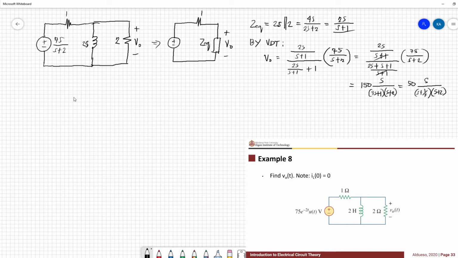Now using partial fractions, 50S over S plus 1/3 times S plus 2 is equal to A over S plus 1/3 plus B over S plus 2.